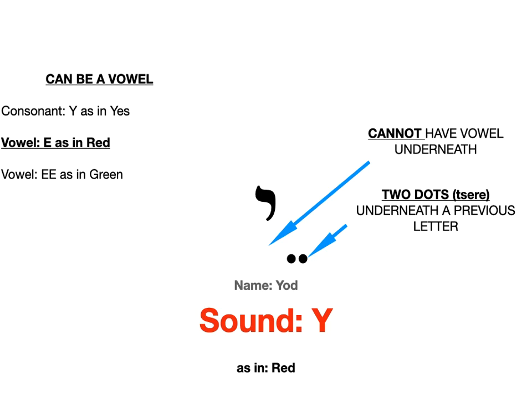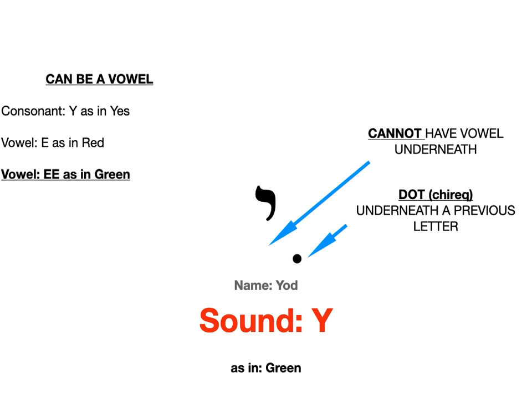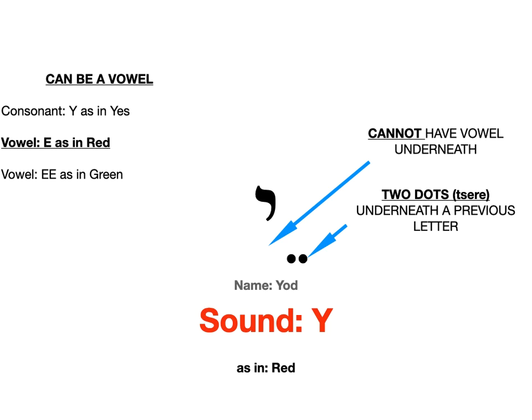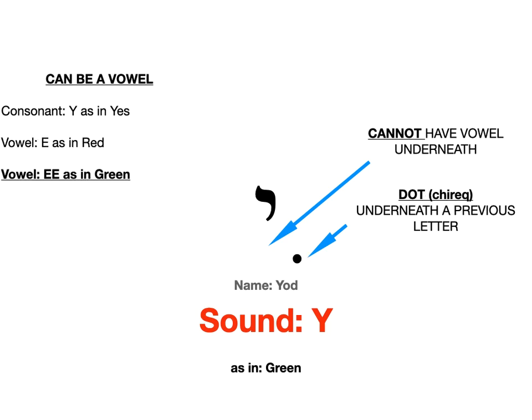Then the yod is not pronounced as y, but as e, like in red. If there is only one dot in front, and again nothing underneath, the sound is e, like green. So two dots, e; one dot, e; and if there is an actual vowel underneath, the sound is y.